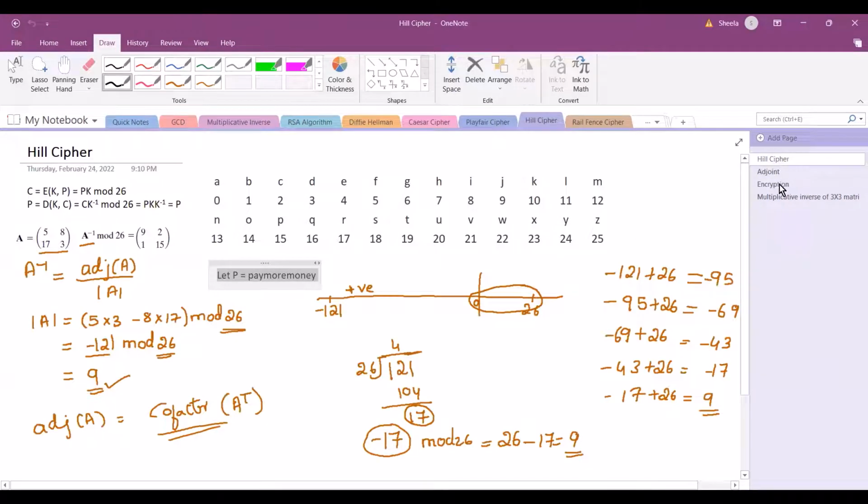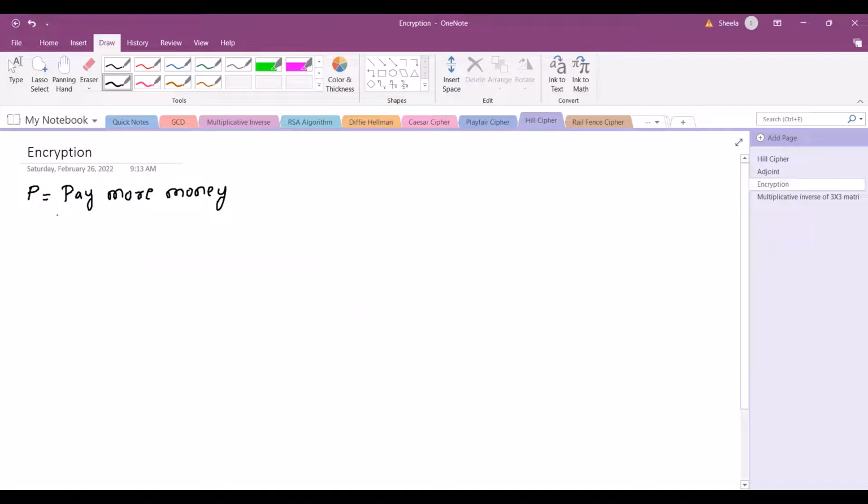According to this, the number for P is 15, for A it is 0, for Y it is 24, for M it is 12, for O it is 14, and for R it is 17. I'll write it down as a matrix itself, because I need to multiply P with A.